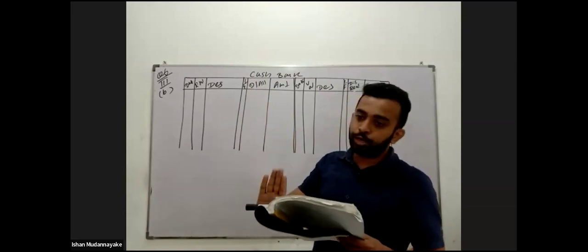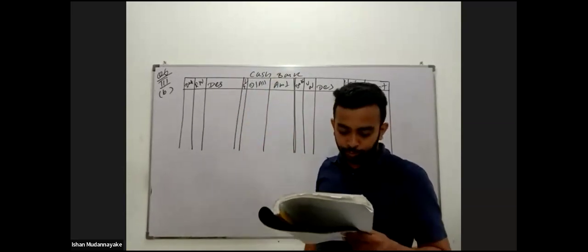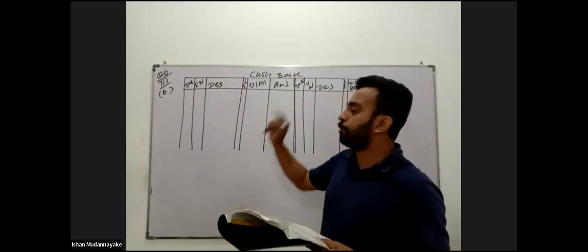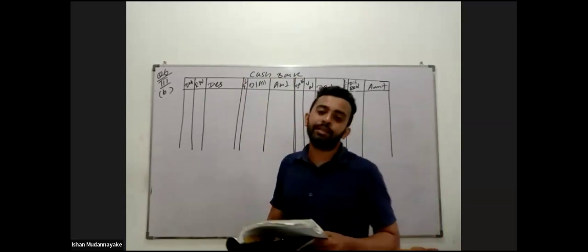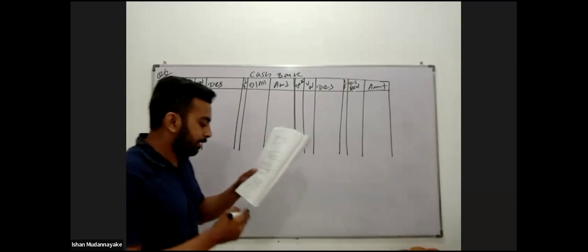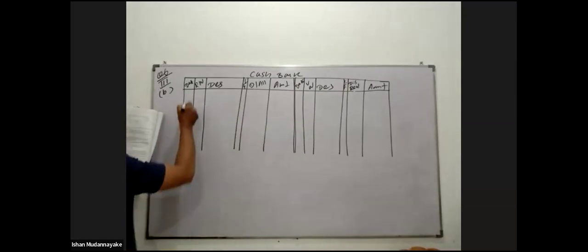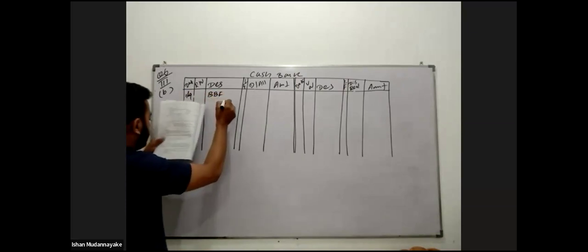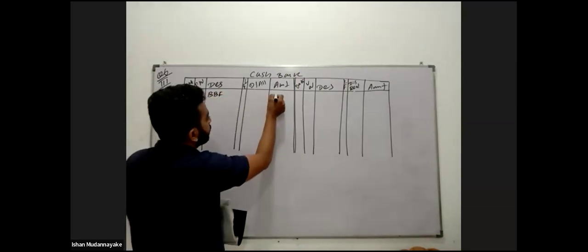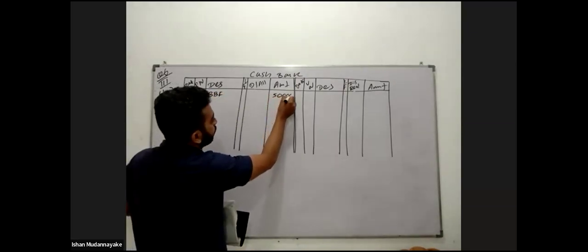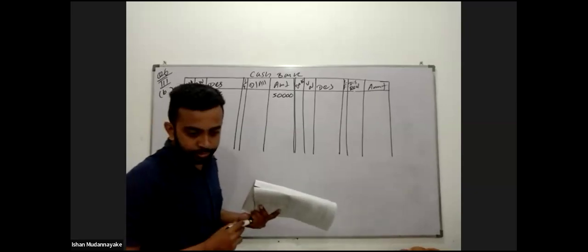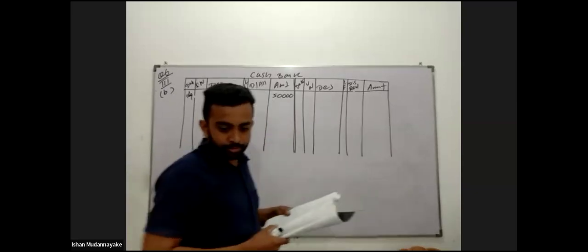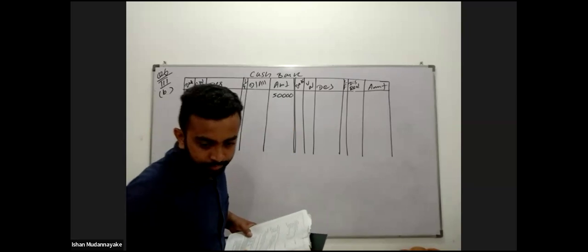In the creditor's account, you can record that 25,000 opening balance. In the cash book, you need to write only the cash balance. Here, 1st April, balance brought forward, cash how much? 50,000.